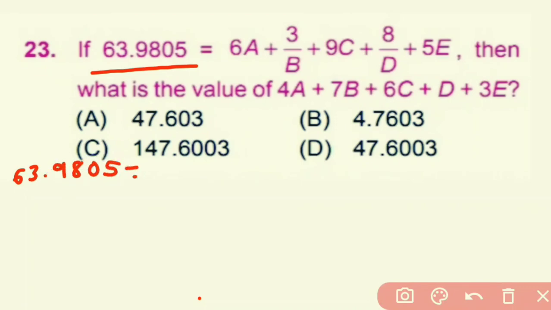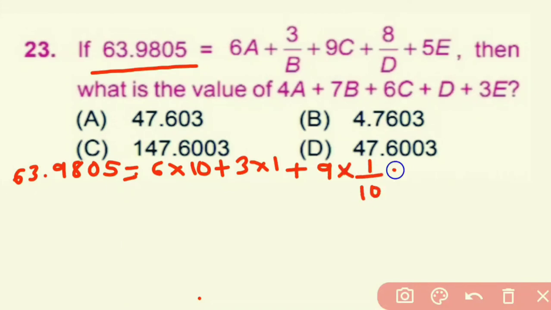So it is equal to 6 into 10 plus 3 into 1 plus 9 into 1 by 10 plus 8 into 1 by 100 plus 0, then 5 into 1 by 10,000.